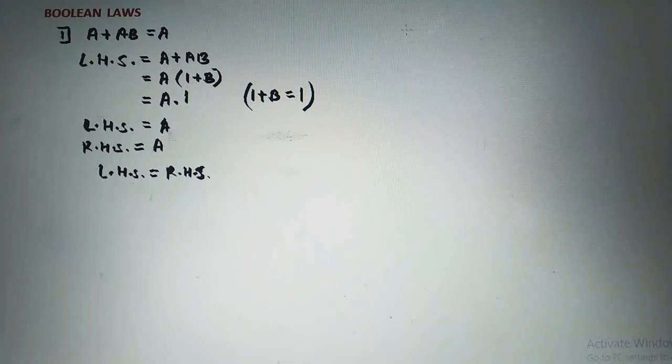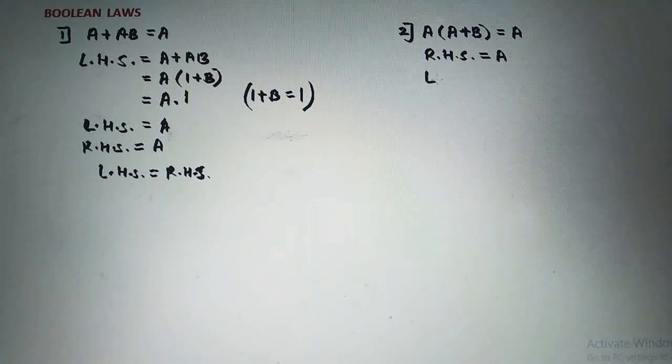Next, the second important law is a dot in bracket a plus b is equal to a. Now see here, the right hand side, that is RHS, is equal to a. Now what is the left hand side here? It is a in bracket a plus b.